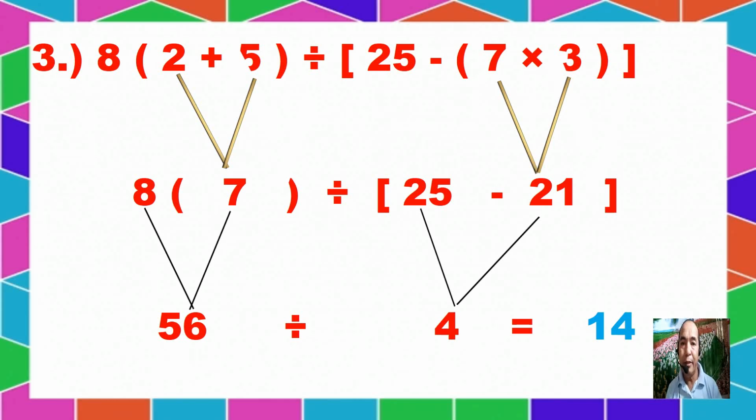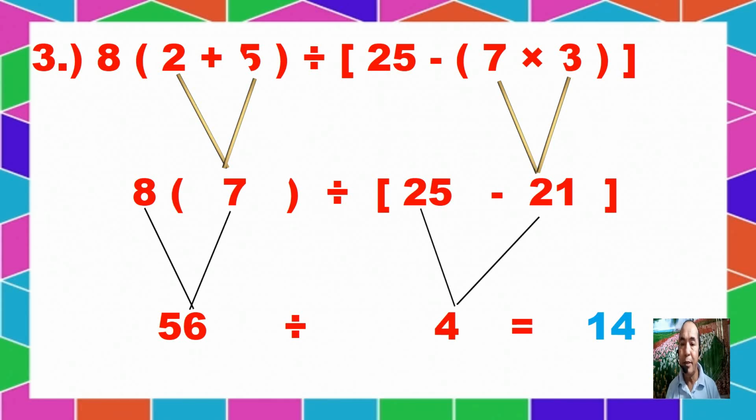That's why we call it nested, meaning it is enclosed by another symbol. Okay, let's go into the groupings. We will perform the operation inside groupings. So, we will perform first the other grouping. We have 2 plus 5, which will give us 7.